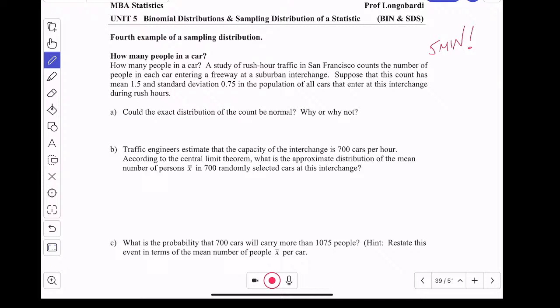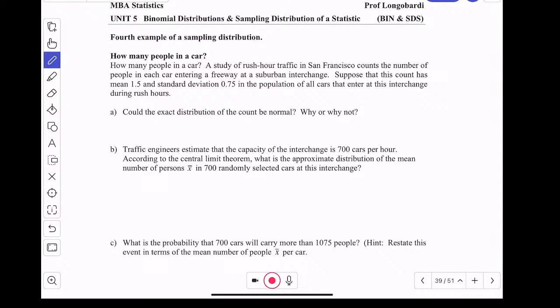All right, so how many people are in a car? A study of rush hour traffic in San Francisco counts the number of people in each car entering a freeway at a suburban interchange. Suppose that this count has a mean of 1.5 and standard deviation of 0.7 in the population of all cars that enter at this interchange.